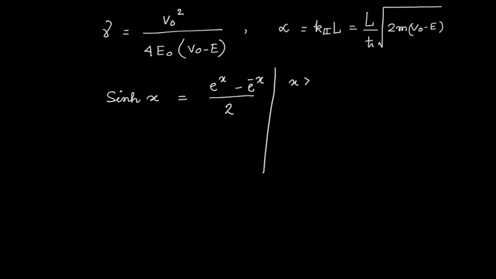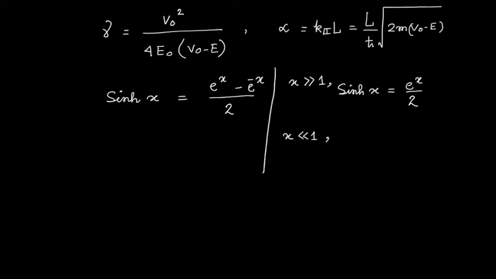For x very much greater than 1, sine hyperbolic x has two terms, e to the power x and e to the minus x. If x is very large, say goes to infinity, e to the minus x will go to 0 and e to the x will rise up. So this will essentially be e to the x by 2.